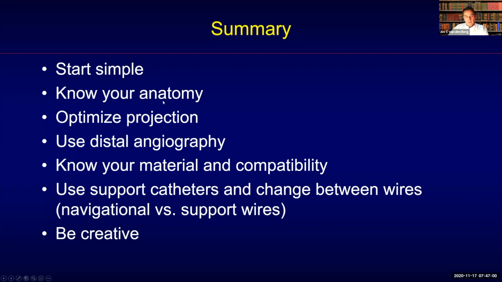If you have these complex connections between the anterior and the posterior circulation, optimize your projection in order to really be sure which way to go with your guide wire.